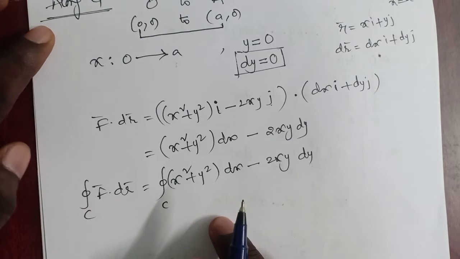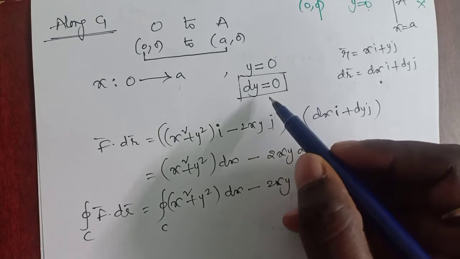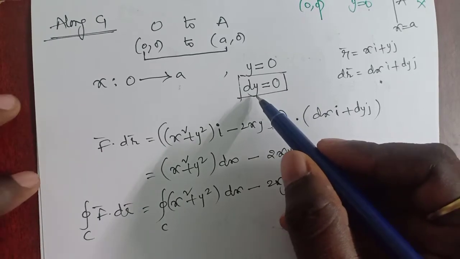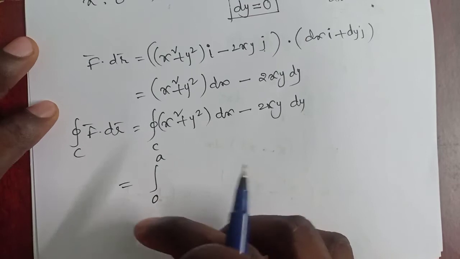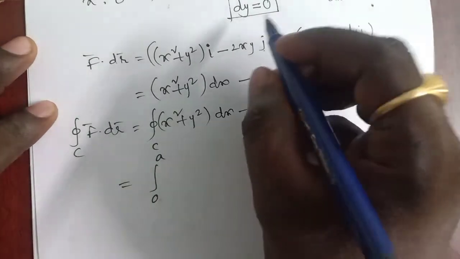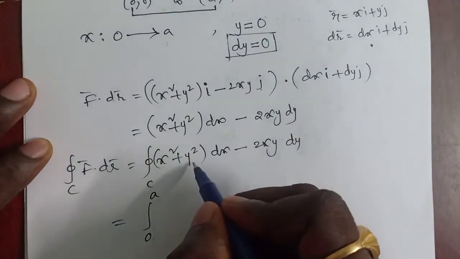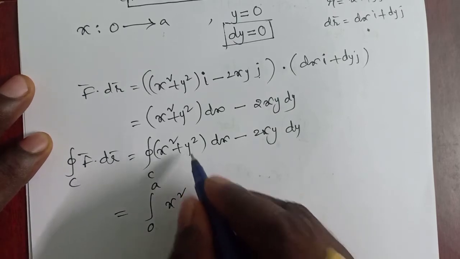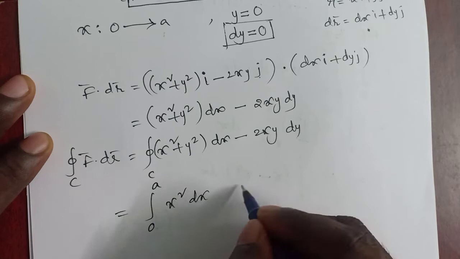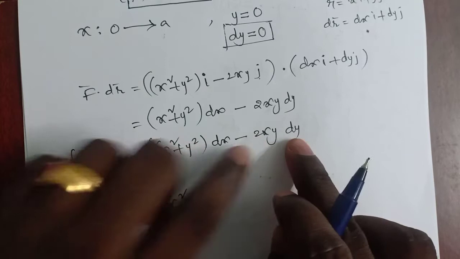Now along the curve C1, x ranges from 0 to a and y is 0, so dy is also 0. Wherever we have y, replace it with 0: x square plus 0, into dx, minus 2x times y, which is 0, times dy, which is 0, so those terms vanish.